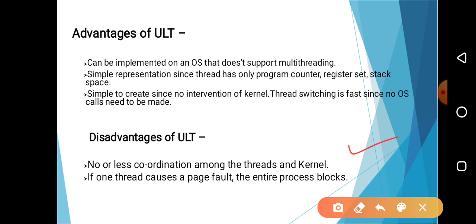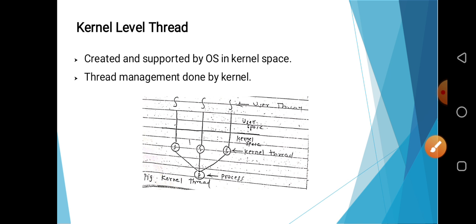If the user is managing everything, there is no communication between the user thread and the kernel thread. And the kernel is the controller of everything. Therefore, communication between the thread and the kernel is required every time. If one thread causes a page fault, it will block the entire process.